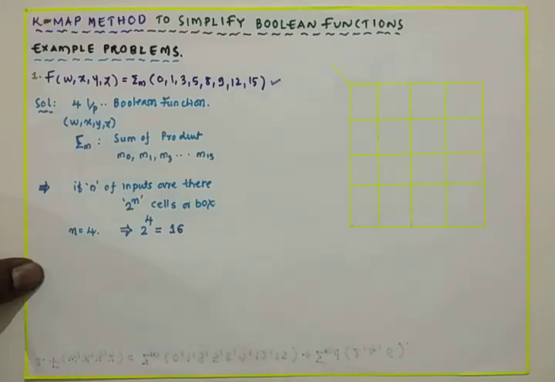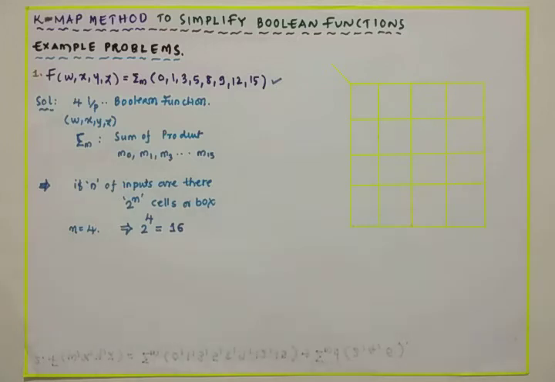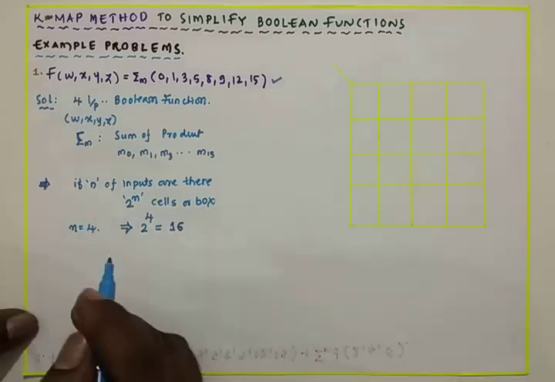How many boxes do we have to draw? We have to draw 16 boxes, and this number of boxes depends on the number of variables of the Boolean function. How many variables are there? 4 variables, so we draw 2 power 4 adjacent boxes. This is the second step.